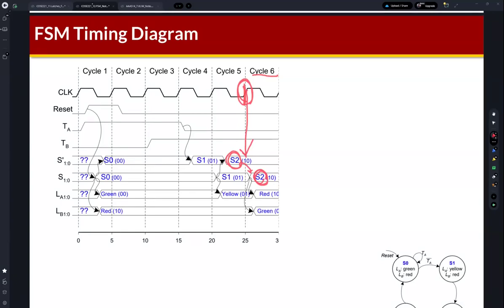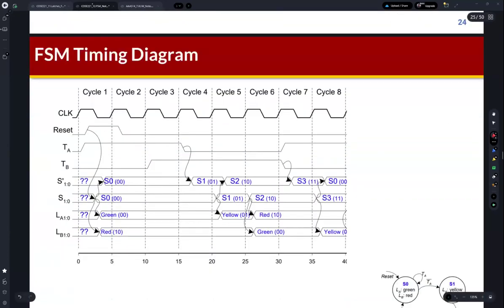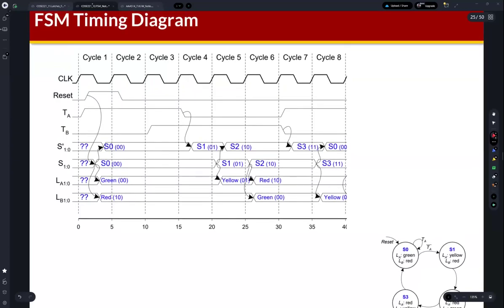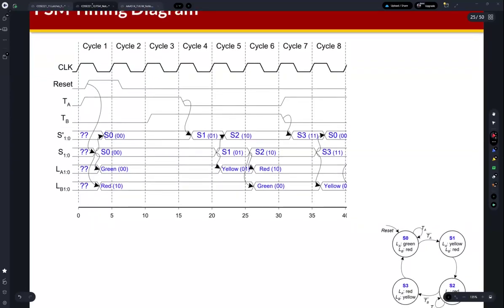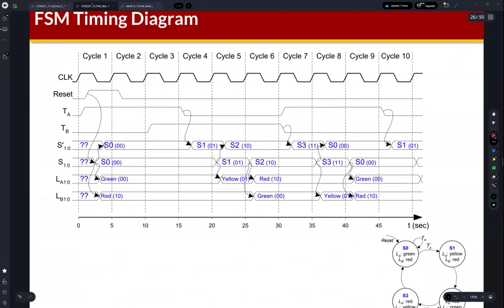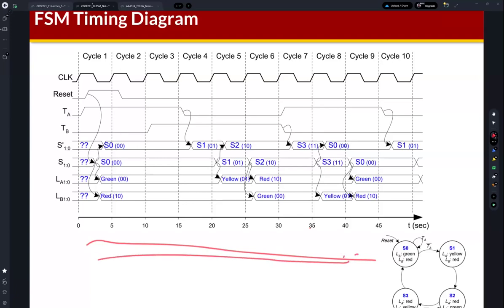Then based on the current state, the outputs are changing. So you can understand the remaining changes like this. Try to understand. This may be confusing because, as I mentioned, we are not familiar with timing diagrams. We are very familiar with programming, right?